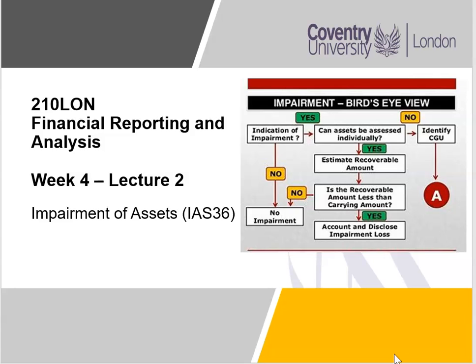Impairment of assets, IAS 36, is a very important standard. Given the current pandemic and the situation that we are in, many companies will have impairment losses in their financial statements. So it is important that we learn how such impairment losses are calculated.